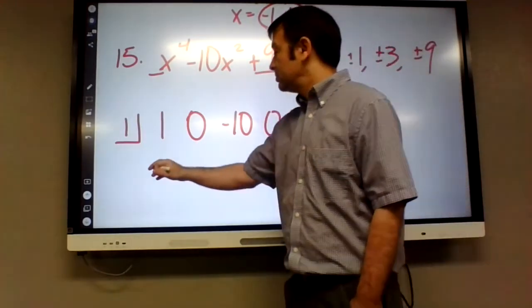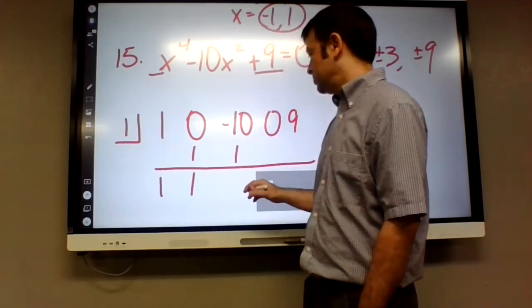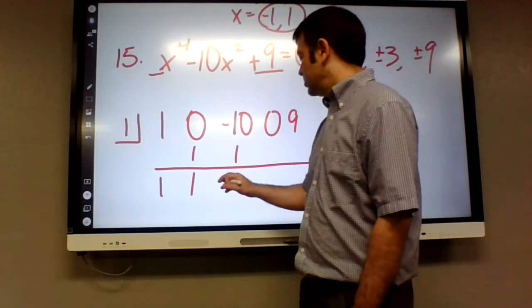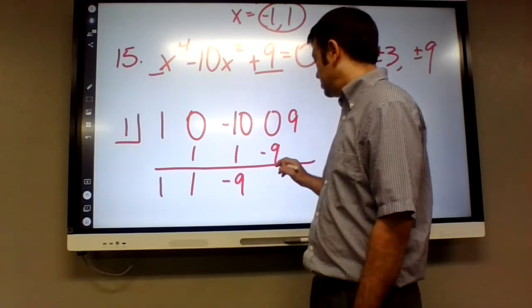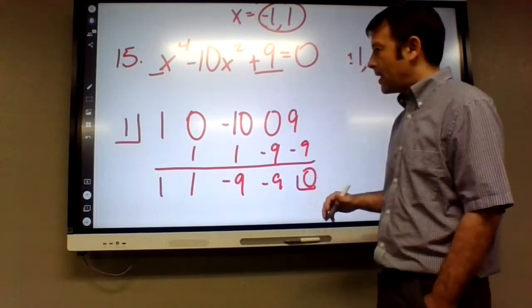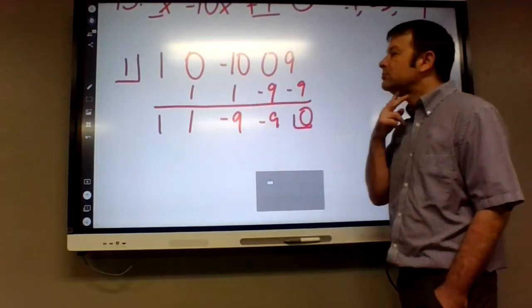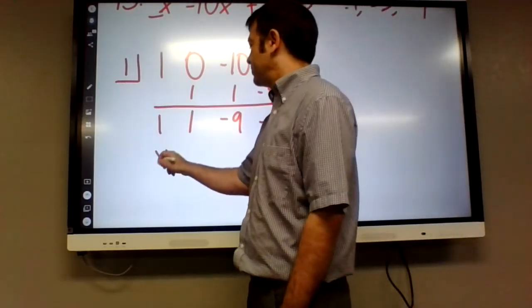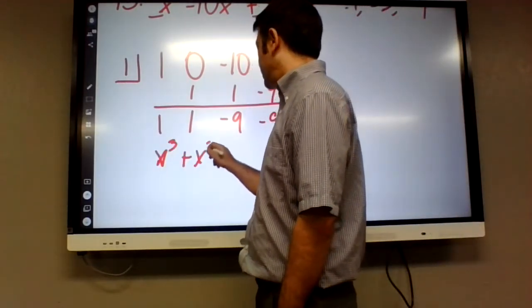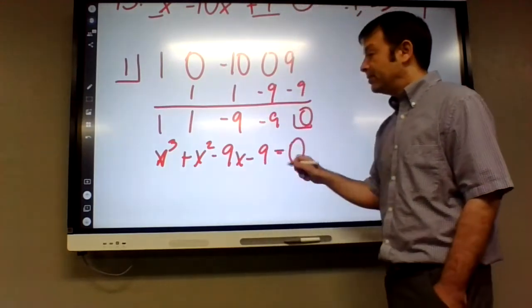And then multiply it up. Okay, so this stands for x cubed plus x squared minus 9x minus 9, and I want it to equal 0 again.